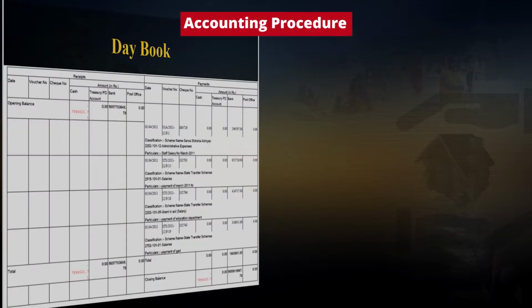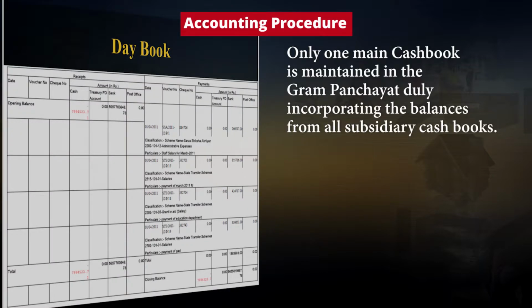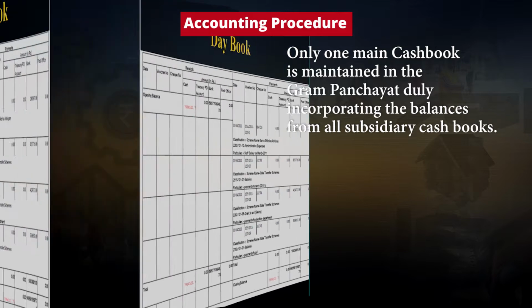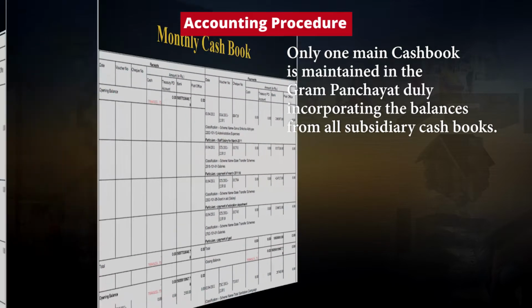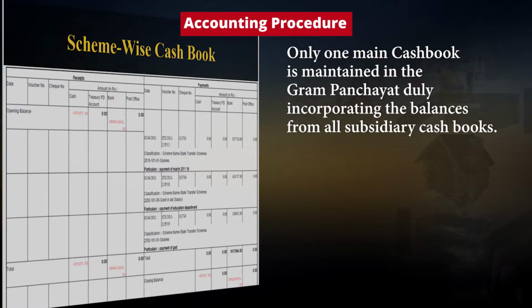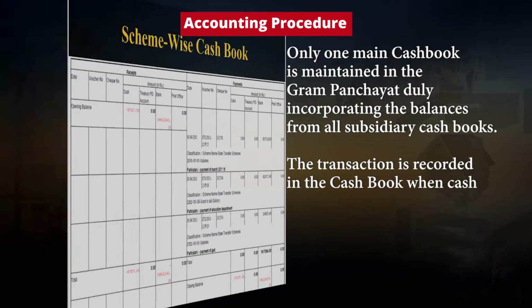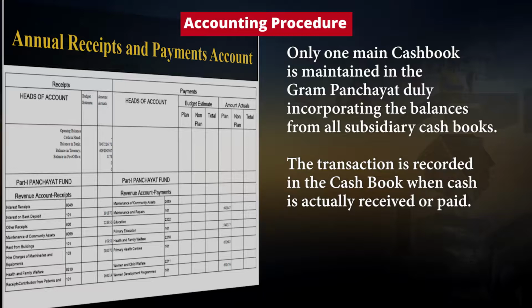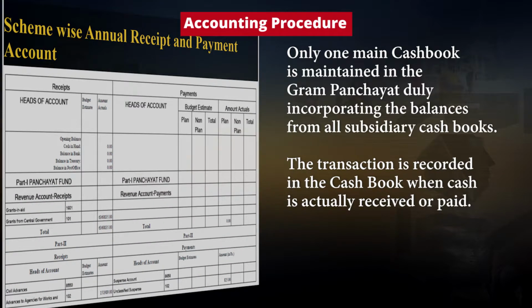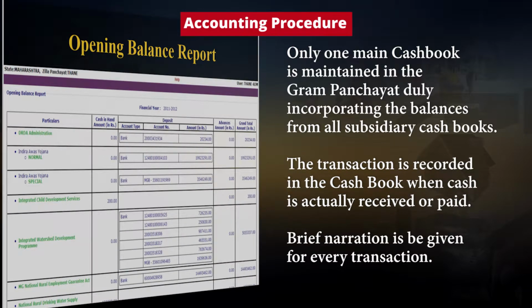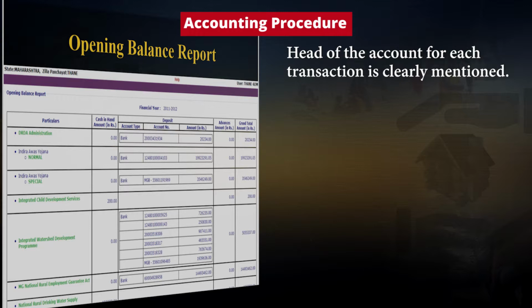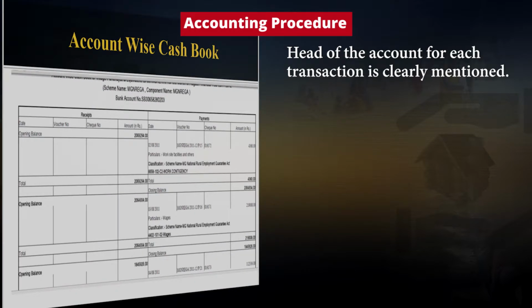Let's see. Only one main cash book is maintained in the Gram Panchayat, duly incorporating the balances from all subsidiary cash books. The transaction is recorded in the cash book when cash is actually received or paid. A brief narration is to be given for every transaction. The head of the account for each transaction is clearly mentioned.